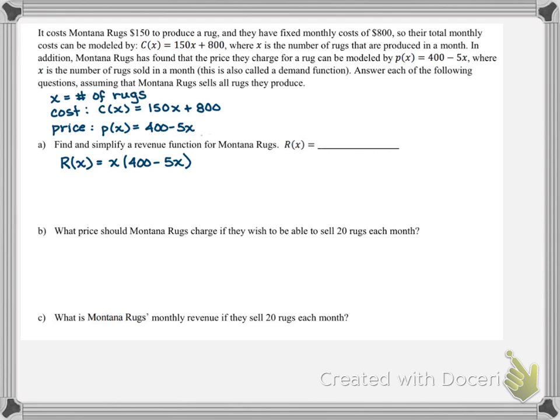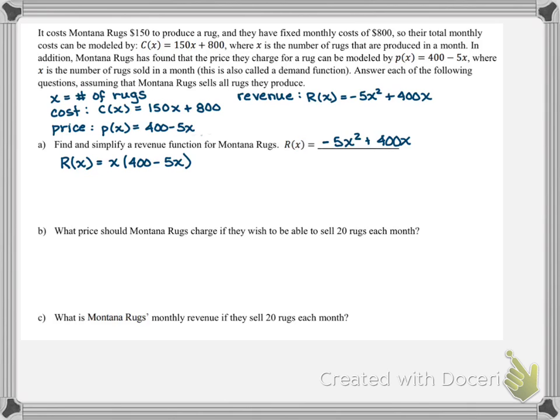So if we distribute and reorder in descending order, we get R of X equals negative 5X squared plus 400X. And I'm going to add that to my list. So revenue is R of X equals negative 5X squared plus 400X.